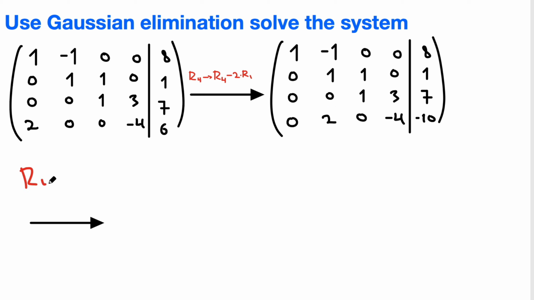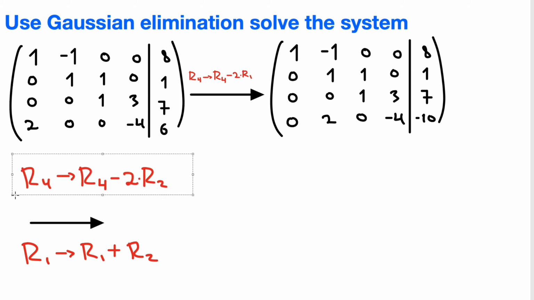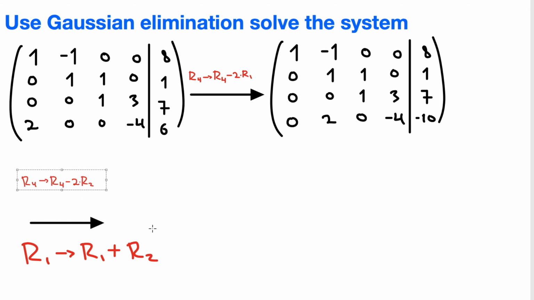So R4 becomes R4 minus 2R2, and R1 becomes R1 plus R2. Let's just make this a little bit smaller.